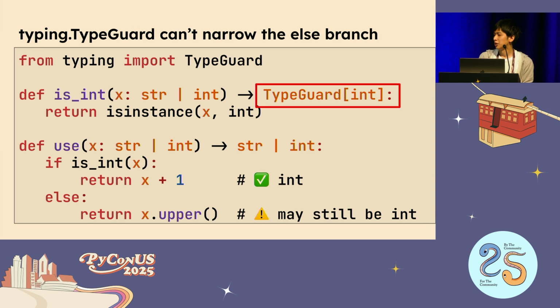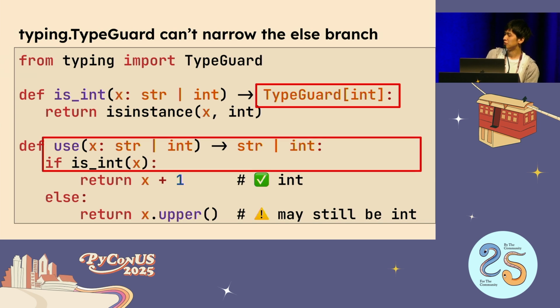TypeGuard: define the argument type. For example, this example is int, it gets str or int as argument x, and the check is isinstance, and returns true if x is int. Then the TypeGuard mentions that this is int.